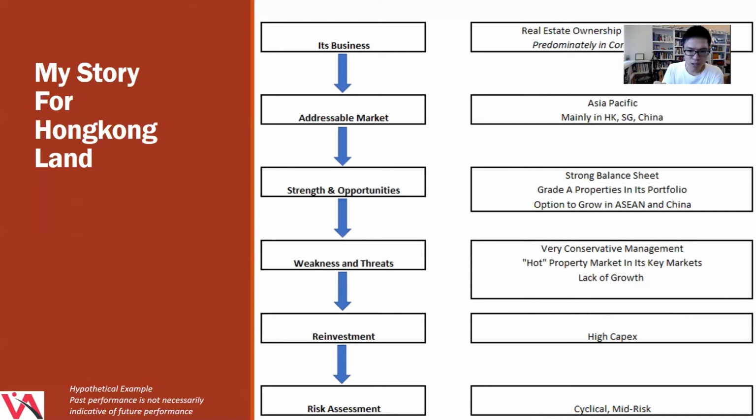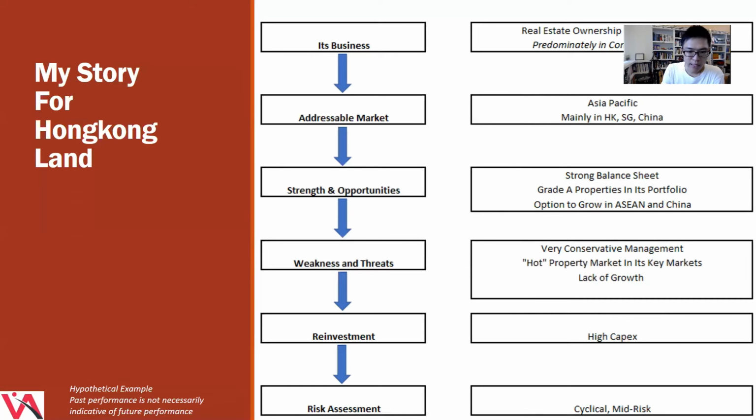And this has been going on for a long time. Government in China and in Singapore has been trying to put in measures to control the asset bubble from bursting. And so we are quite worried about the property situation in its key market. And so that is a threat, that is a weakness. And lastly, just lack of growth due to the top two reasons.